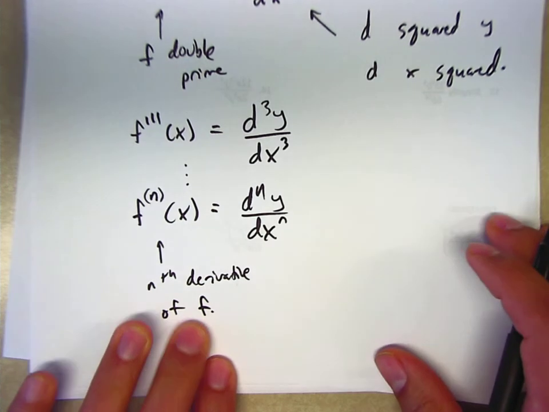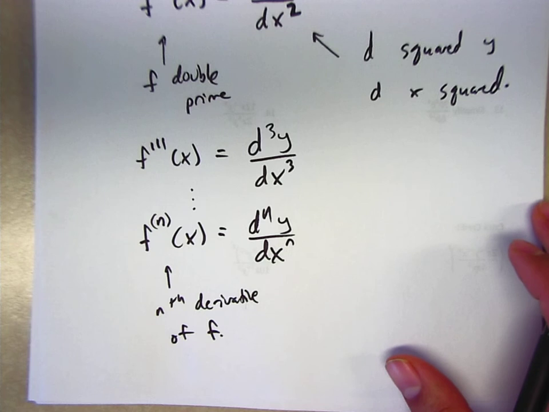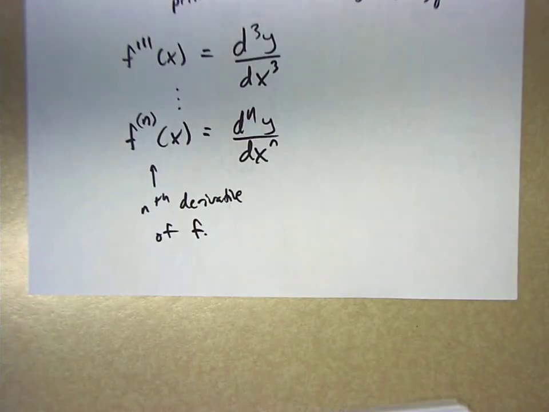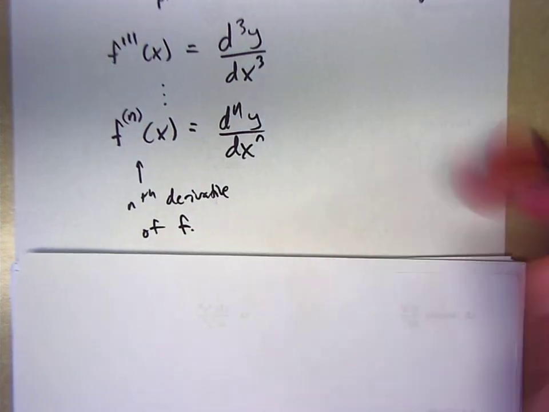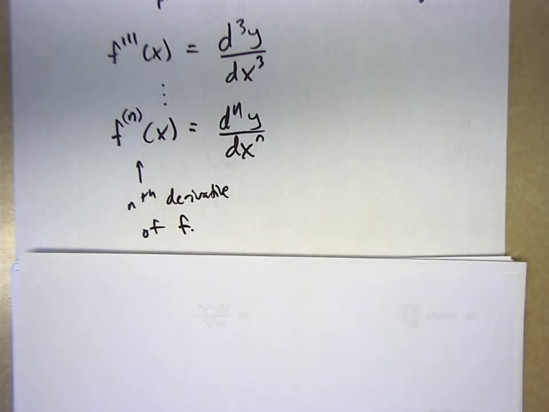Okay, so that's how you would write higher order derivatives. Are there questions on the notation? Okay, we're not going to see much higher than first order derivative and second order derivative for now, but it's worth mentioning what they look like so that when we get there, we've already seen it ahead of time.